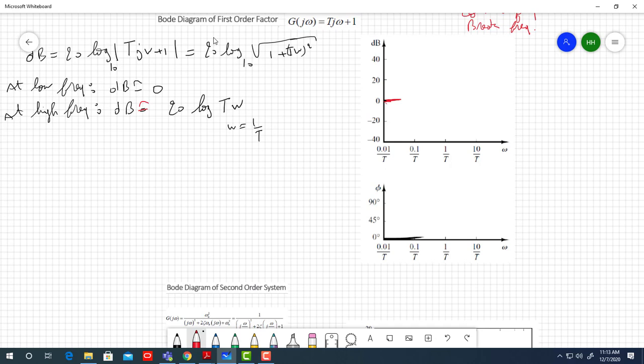At 1 over t, it's 0. At 10 over t, it's approximately 20. So you have a line, since we're using a logarithmic axis. So at infinity I'll have this asymptote. So how does it behave exactly? It behaves this way.